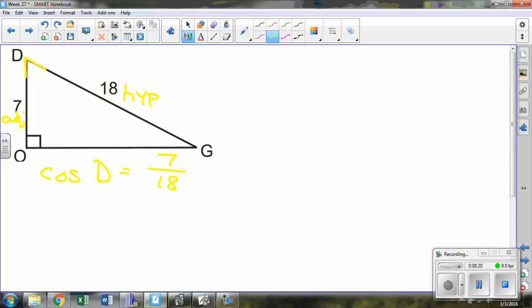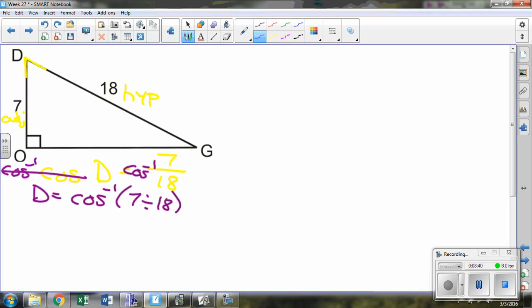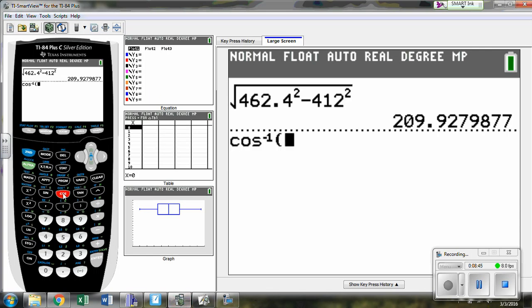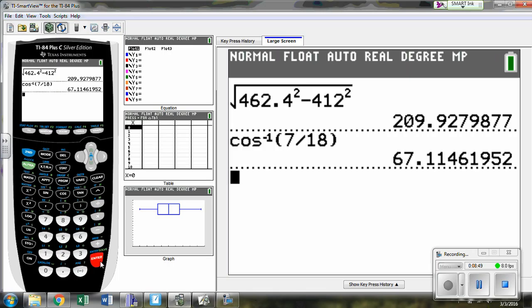What would we have to do to get the variable D, to get that angle D isolated? Yeah, we have to take the cosine inverse. To get rid of cosine, we have to pair it with cosine inverse. Those cancel, and we get D is equal to cosine inverse 7 divided by 18. And so cosine inverse 7 over 18 gives us a 67.1 degree angle.